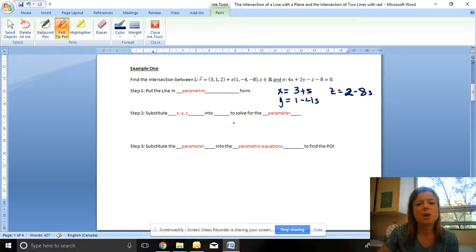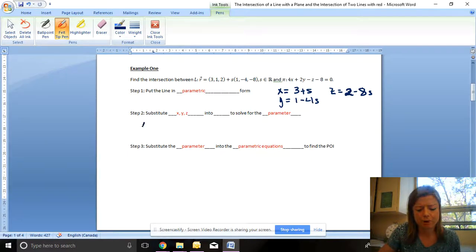Now that we have the three parametric equations, we're going to put them in place of x, y, and z in our Cartesian equation, because that allows us to find the point of intersection where the x's are the same.